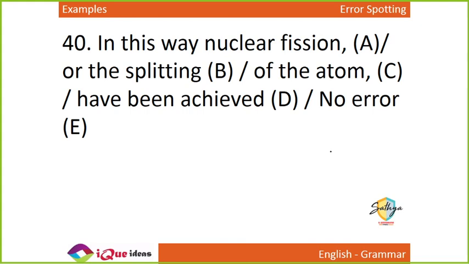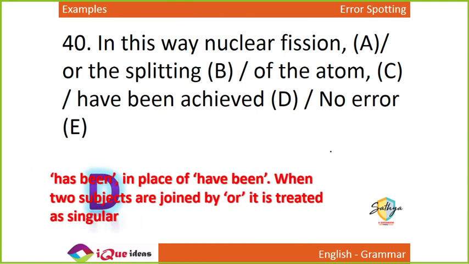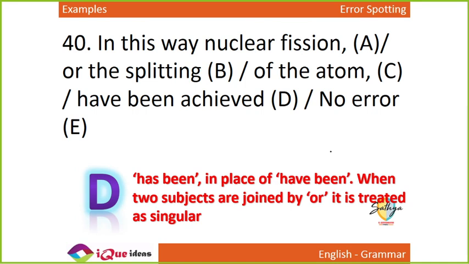So in this way, nuclear fission has been achieved. Or in this way, nuclear fission or splitting of the atom was achieved. That's fine. Have been achieved की जगह पे was achieved या has been achieved. Was achieved is when you're talking about something historical. When you are stating a scientific fact which is still an achievement, has been achieved is okay.